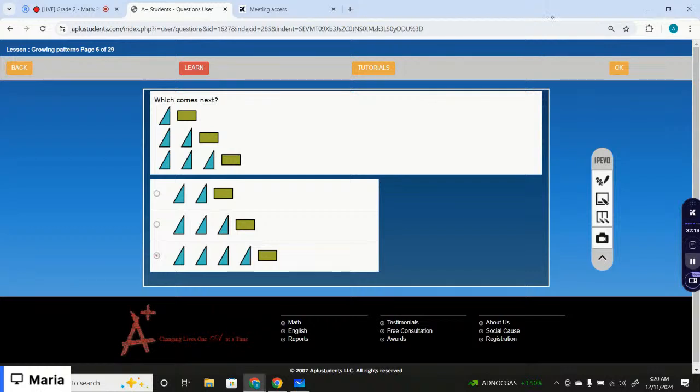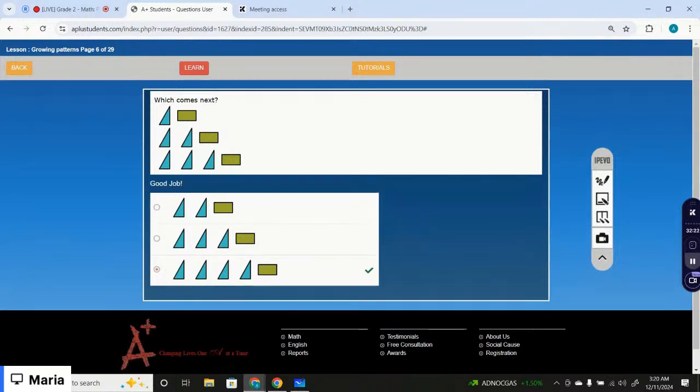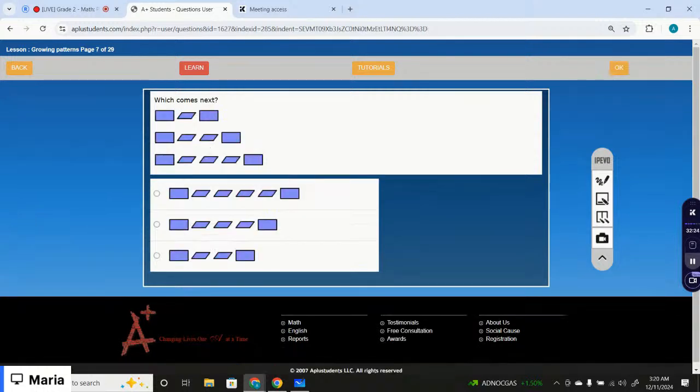Option number 4 is the correct option. Which comes next? Which is the correct option?